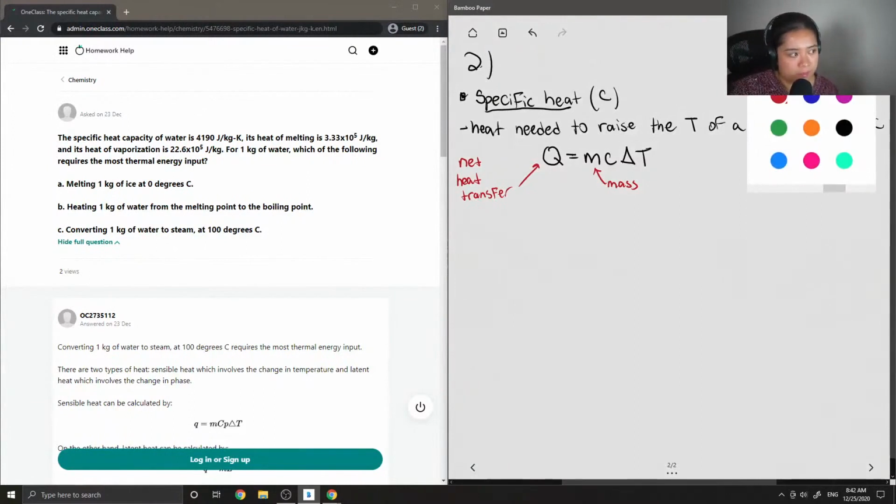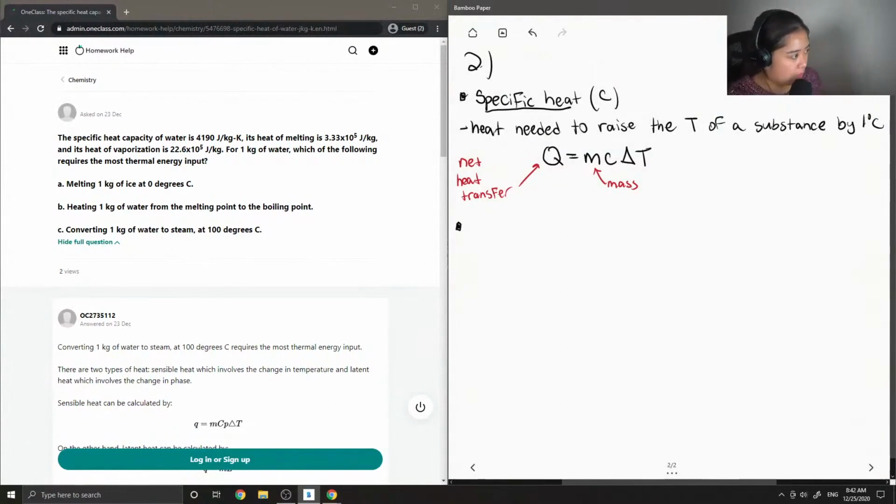Okay, so basically we need to solve for all of the Q values of the different scenarios. But depending on whether or not you're heating, boiling, or melting, they all have a different way of calculating it.